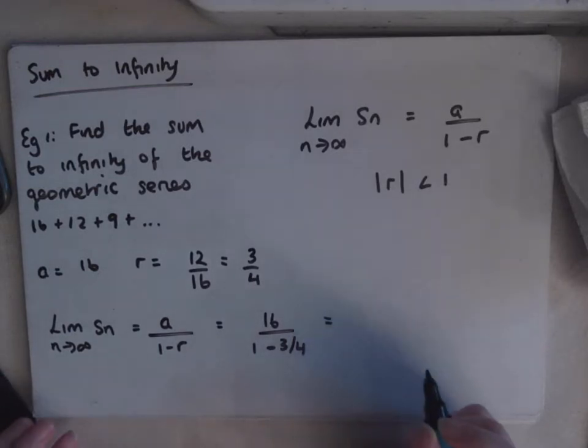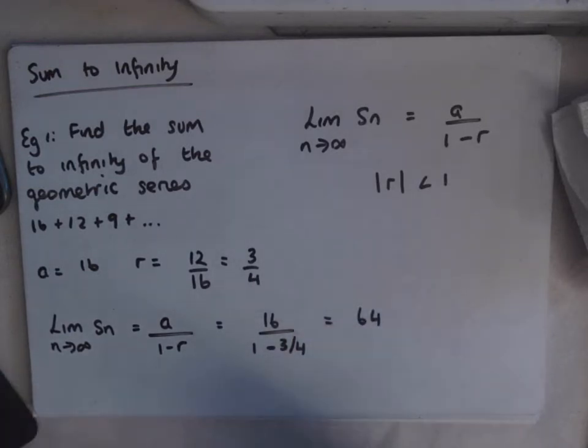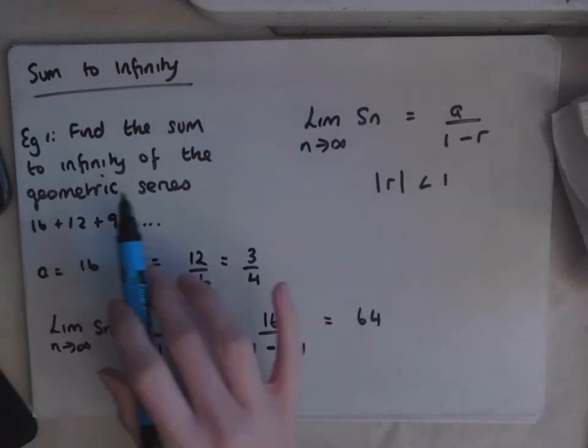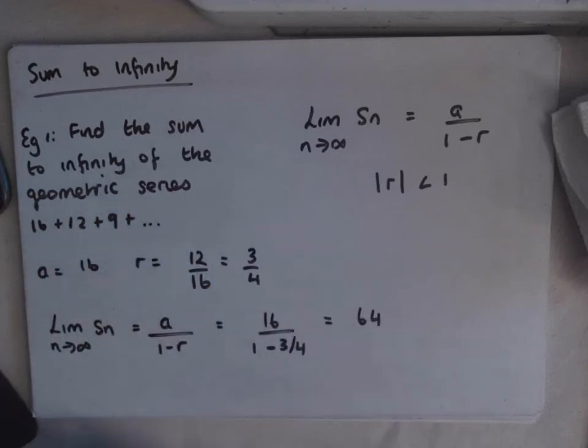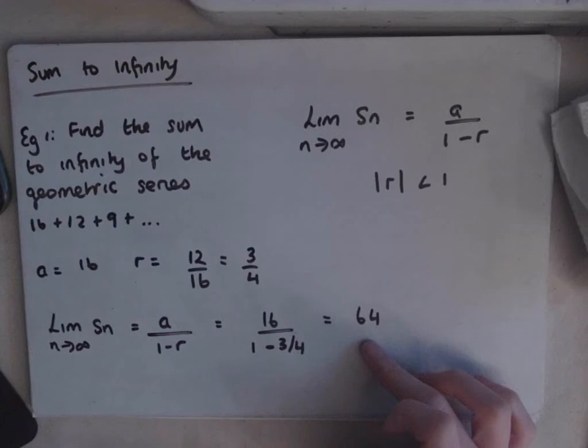You can just throw that into your calculator and you get 64. So it doesn't matter how many terms, if you continue adding a huge amount of terms together, your number is going to approach 64. The sum of an infinite amount of terms in that series will approach 64.